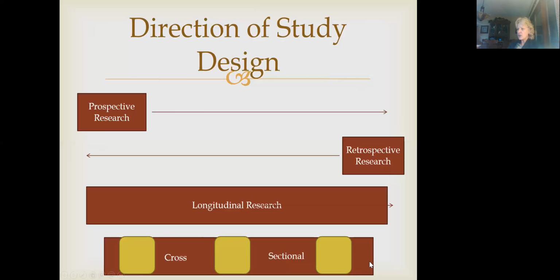Then cross-sectional studies are a little more efficient, where you could examine everybody at the same time, but let's say get a 3-month-old cohort, a 6-month-old cohort, and a 9-month-old cohort, and look at what the developmental differences in those age groups would be.